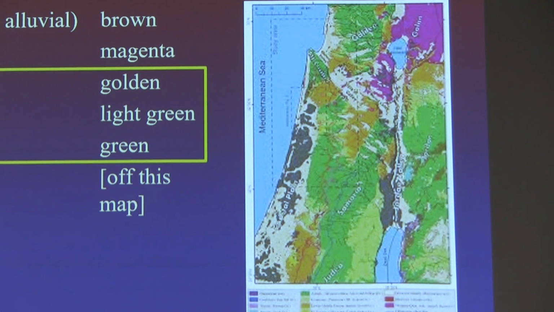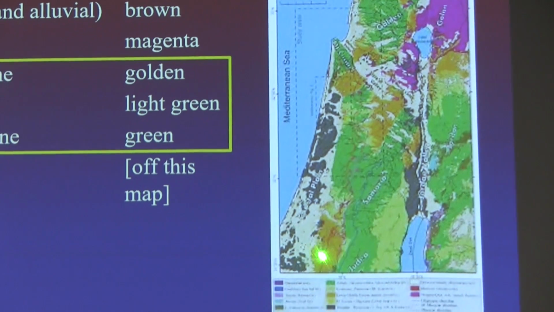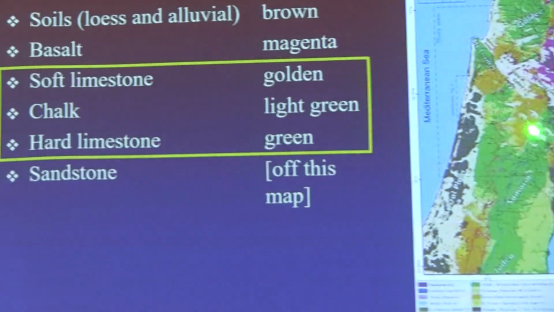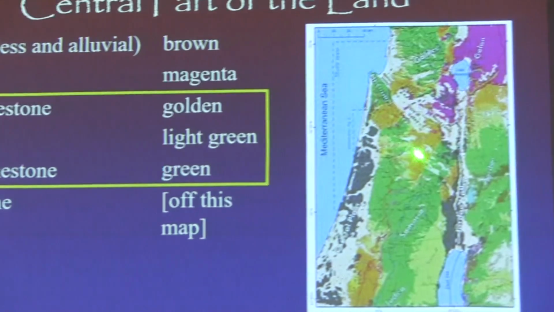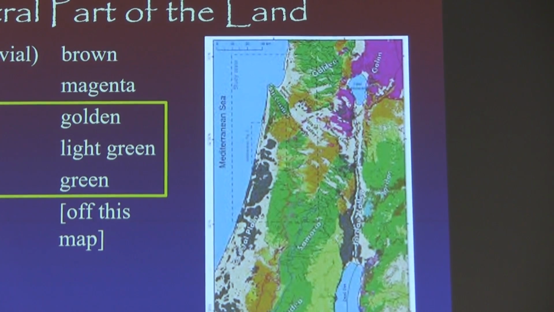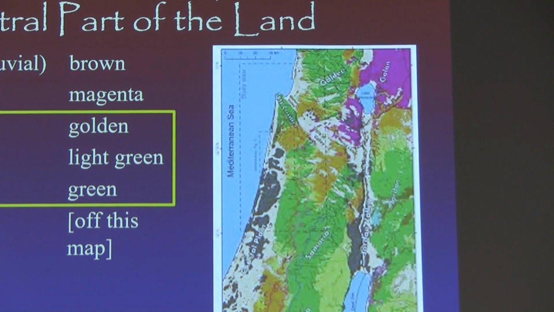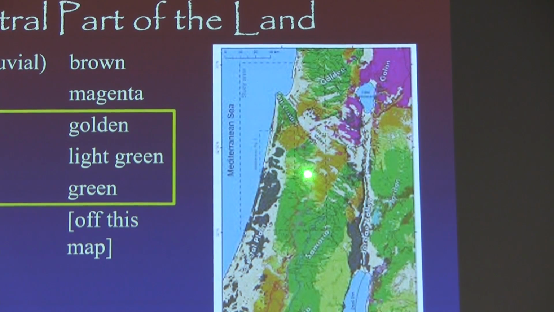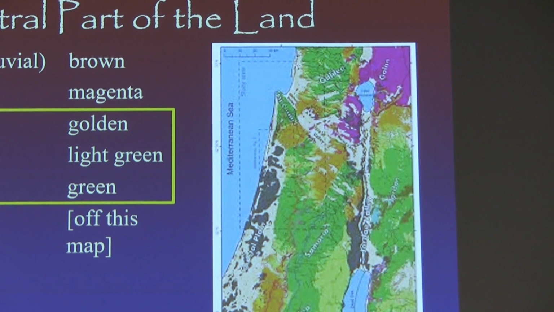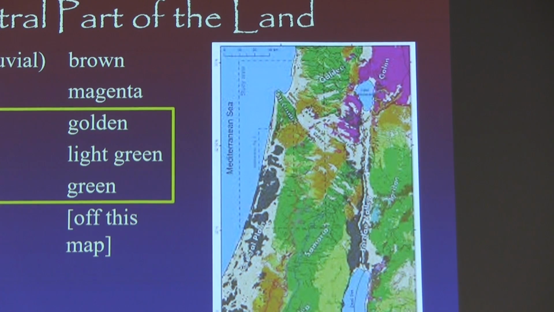The stuff that's golden, we see some down here. We see some up here. This happens to be the Mount Carmel range, which is going to alternate back and forth. And then we see some in this area. That's our softer limestone. Why is all this suddenly taking a different direction? Well, that's partly due to all that faulting, shifting process we've been talking about. Because again, we are right next to the rift.